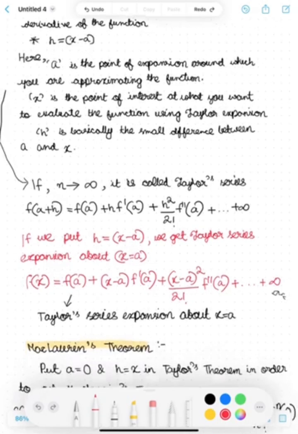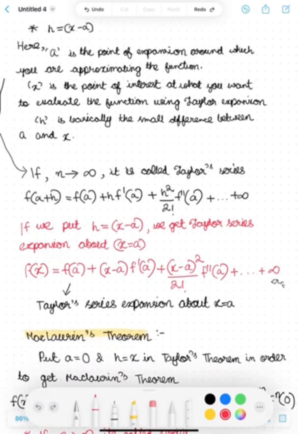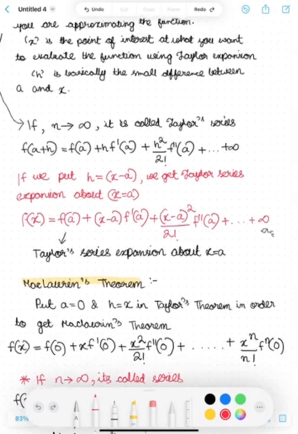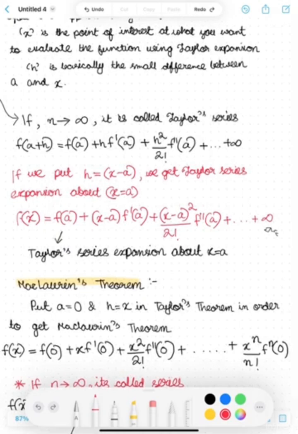Now, it goes like f of a plus h is equal to f of a plus h f dash of a plus h squared by 2 factorial f double dash of a, and it goes all the way till infinity. Now, if we put h is equal to x minus a, we get the Taylor series expansion about x equal to a.